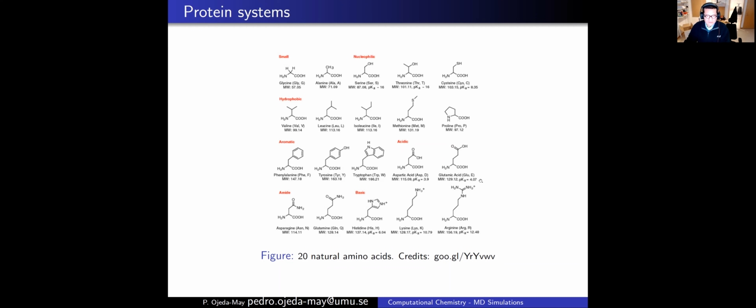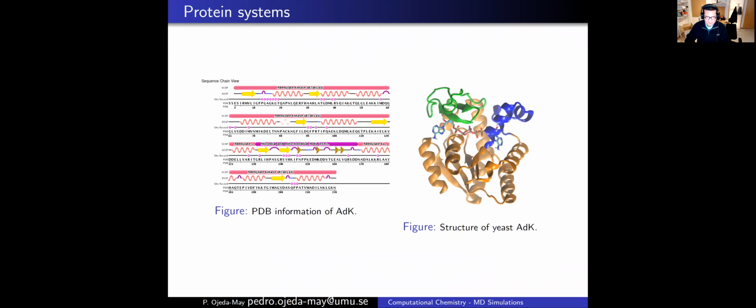But there are some amino acids that sometimes become modified, and then the parameters are not known. So today we will use the natural amino acids. A good source of information for proteins is the Protein Data Bank, where you can see the structure of the protein and also the sequence and several motifs that can be found here.